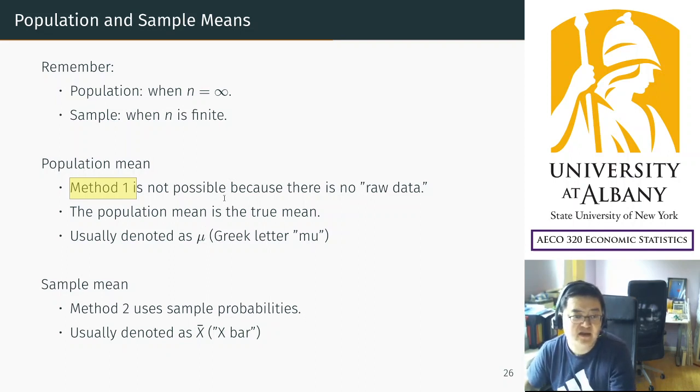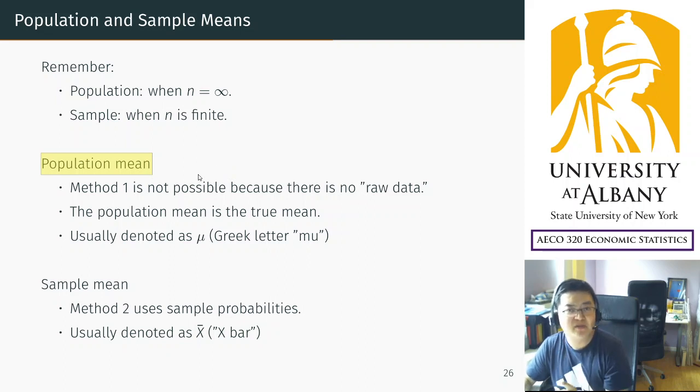Meanwhile, the sample mean is based on a finite sample, finite observations. So you may use method 1. Method 1, the example that I showed you, was exactly the sample mean. And method 2, which is based on the probability distribution table, can be used in the same way. The major difference is that the population mean is the sum of probability weighted outcomes where the probability is the true probability. But the sample mean is the sum of probability weighted outcomes where the probabilities are sample probabilities.